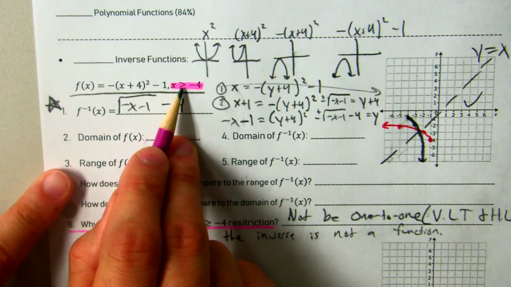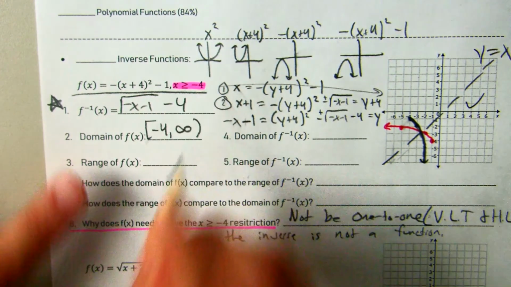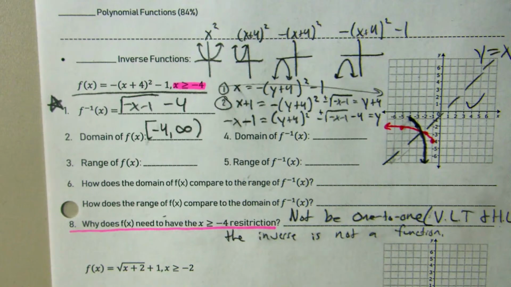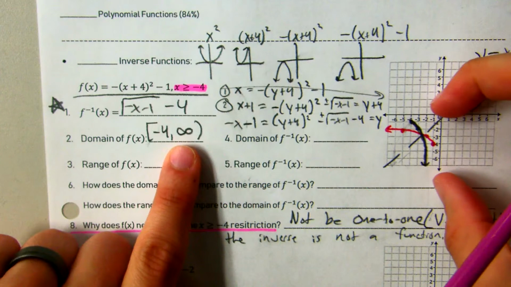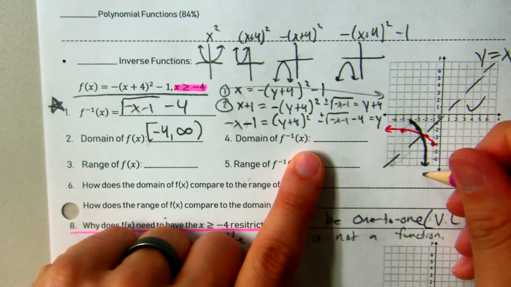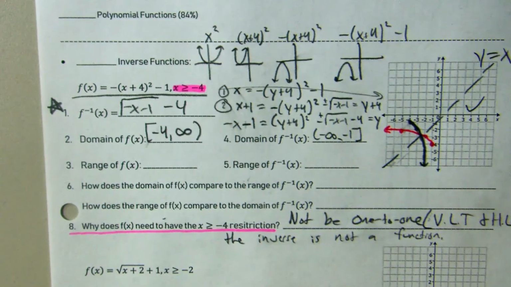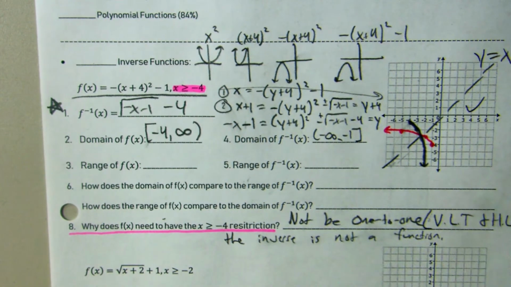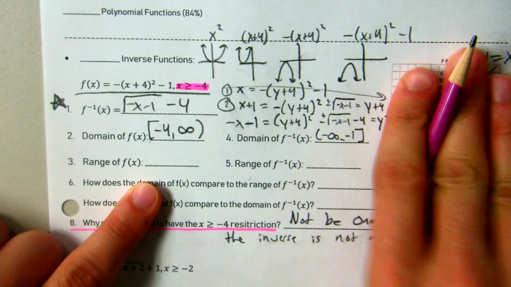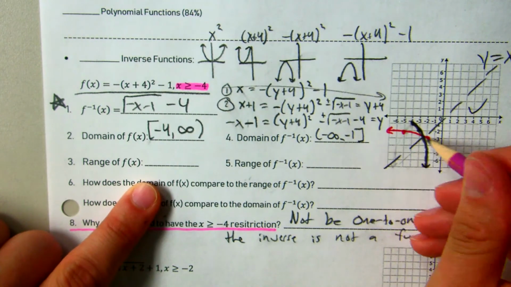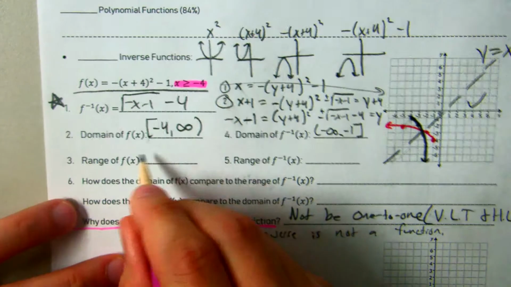So when I say only look at these x values, I'm actually restricting the domain of the function. Its x values is its domain. And since I have it graphed, I can look at its range, negative infinity to negative 1. And since I have my inverse graphed, even if I didn't give you a graph, you would still want to graph it because then you could look at the graph and say, okay, it's, oh, sorry, I put that in the wrong spot.